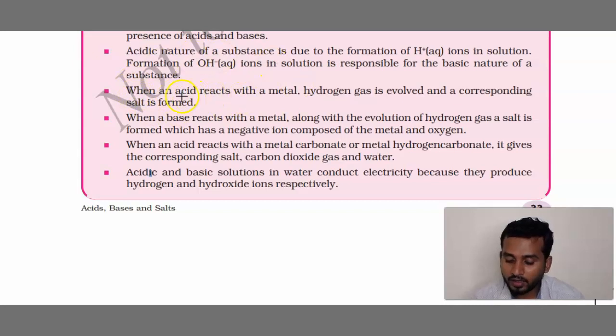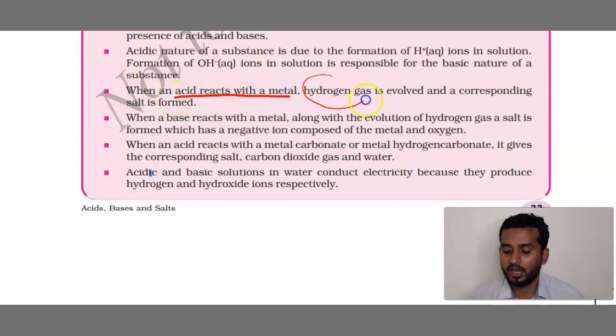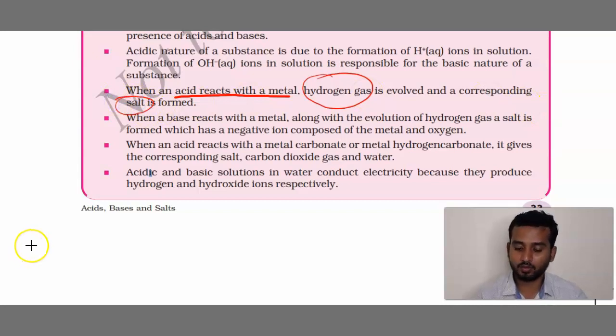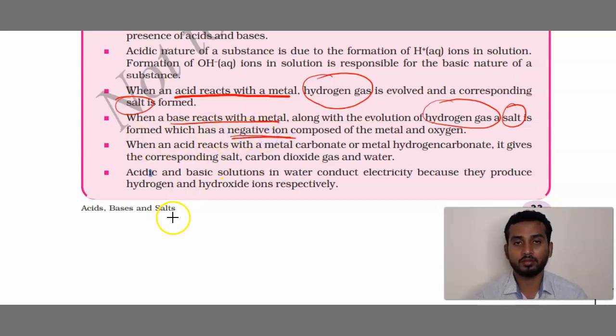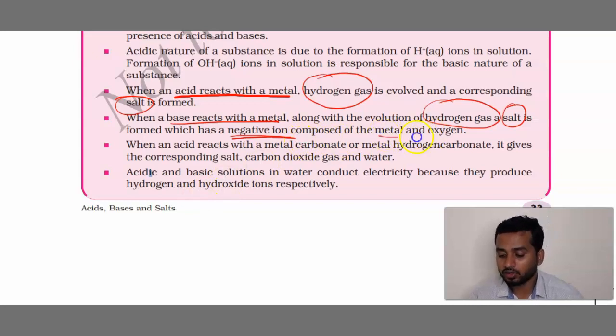When acid reacts with metal, hydrogen gas is formed as well as one salt is obtained. But when base reacts with metal, there also hydrogen gas is formed and a salt is also formed. But this salt will have the negative ion composed of the metal and oxygen.